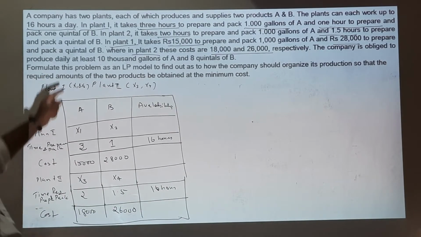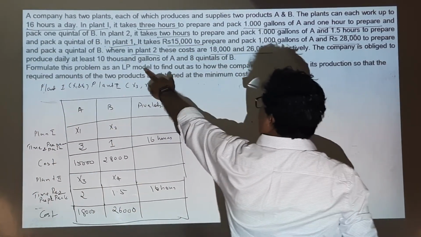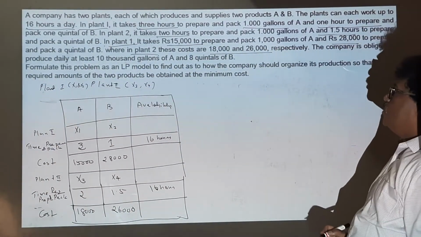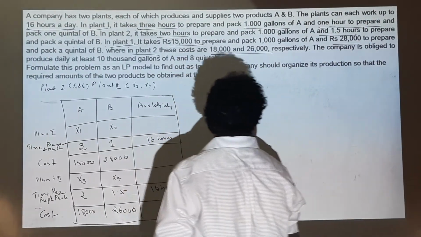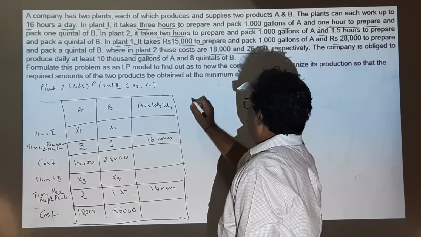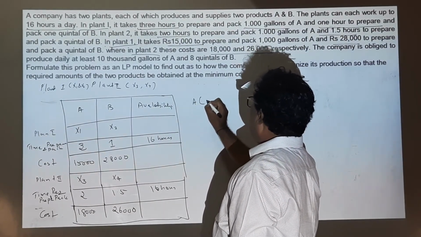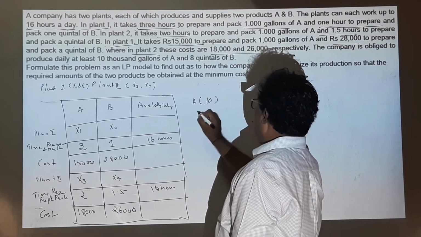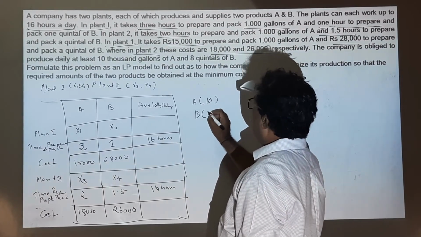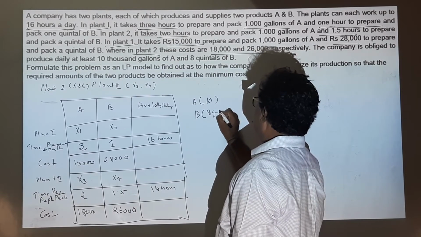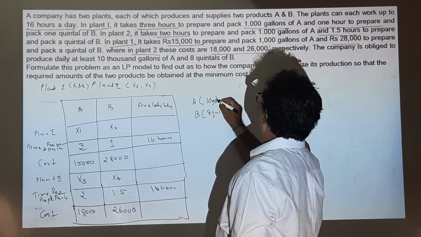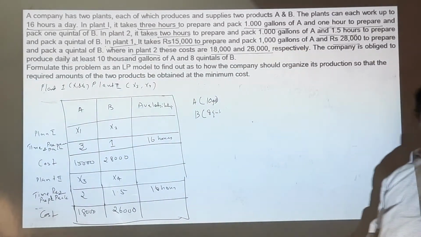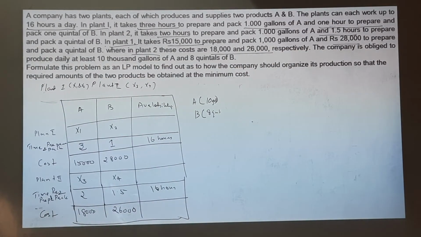And then we have the minimum requirement: 10,000 gallons of A and 8 quintals of B. So we have a production constraint of A, minimum 10 units to be manufactured, and for B there should be a minimum requirement of 8 quintals. This is 10 into 1,000 gallons. So now all the data is already in the table, very easy to calculate.